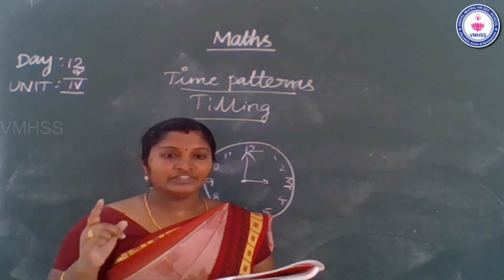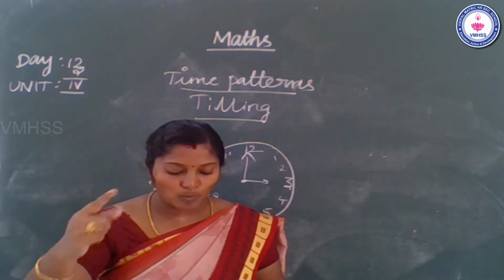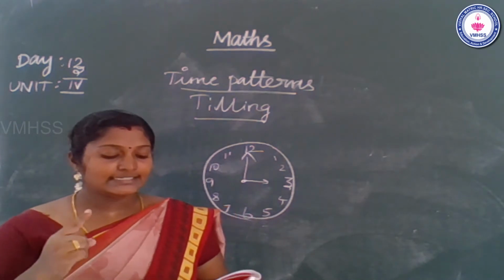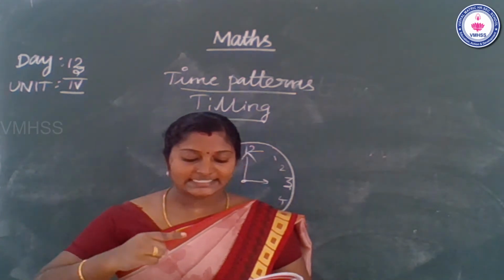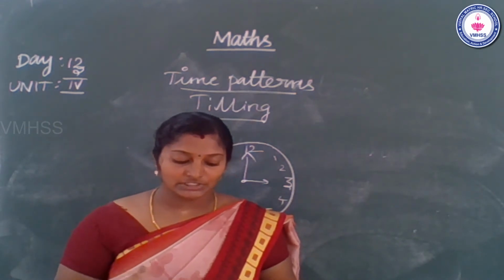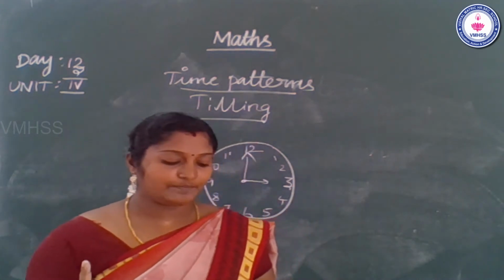So the time shown in the first clock is 12 o'clock. The second clock is 1, increased by 1. The third clock is 2, again increased by 1.